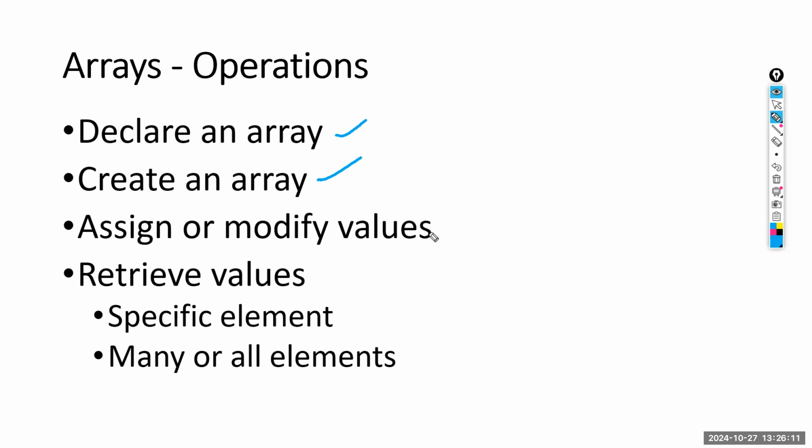You can assign values, or reassign or modify values of the array. You can retrieve the values, individual values of a specific element, or many or all elements. Retrieve means read. Don't worry, we'll look at all of those things.